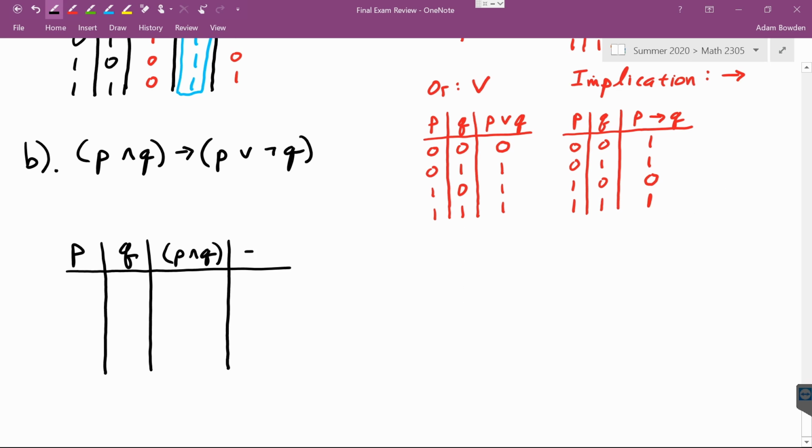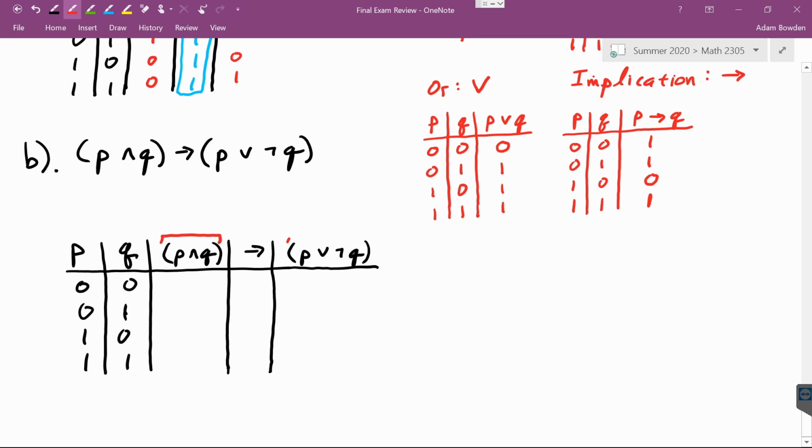P and Q, then implies, and then P or not Q. And then 0, 0, 0, 1, 1, 0, 1, 1 for the values of P and Q. All right, we're going to do what's in the parentheses here first before moving on to the implication second and comparing those two together. And so the values for P and Q here would go 0, 0, 0, 1.